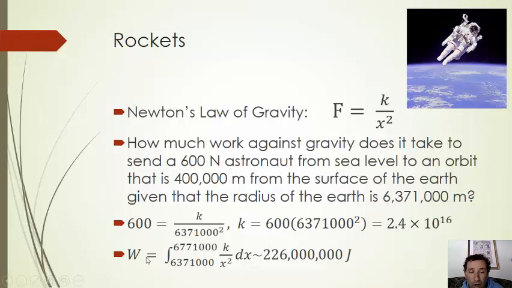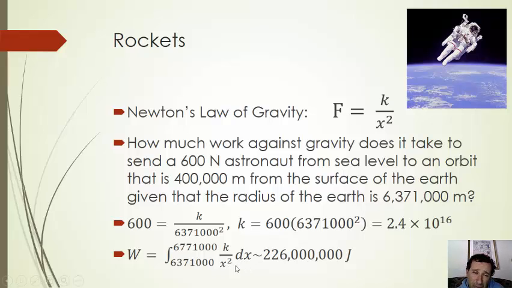So we're going to have the work is the integral from sea level, which is the 6,371,000 meters, to how far the astronaut's going. Well, if the astronaut's going another 400,000 meters, add 400,000 to that, and you get 6,771,000. And then we have the force, which is k over x squared, times the distance, which is our little tiny delta x, which becomes dx in the integral.